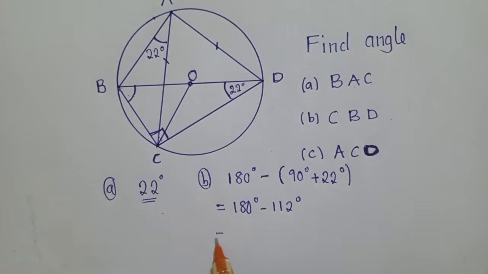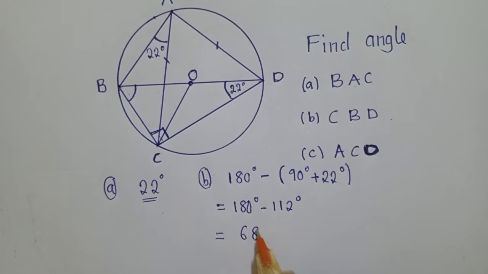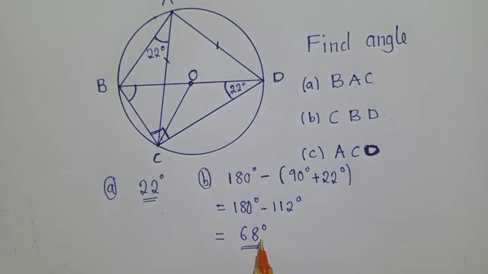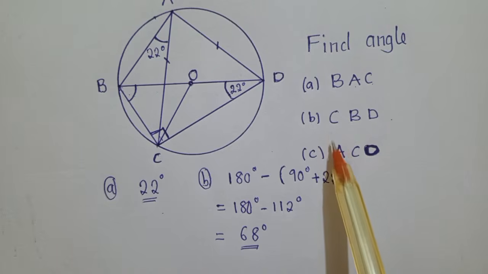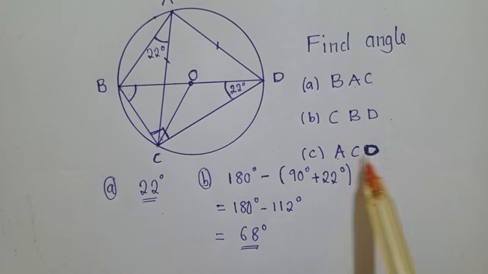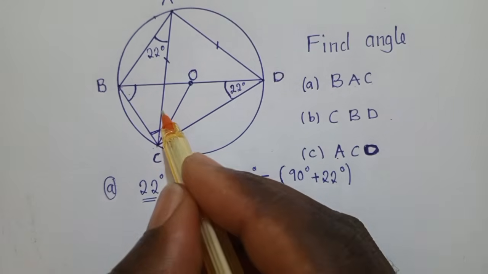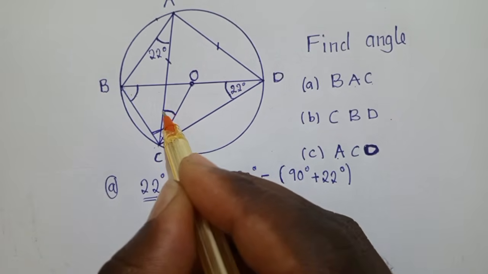And we are getting 68 degrees. Our answer is 68 degrees. Let's go to the last question where we need to find angle ACO. We are looking for this angle here.